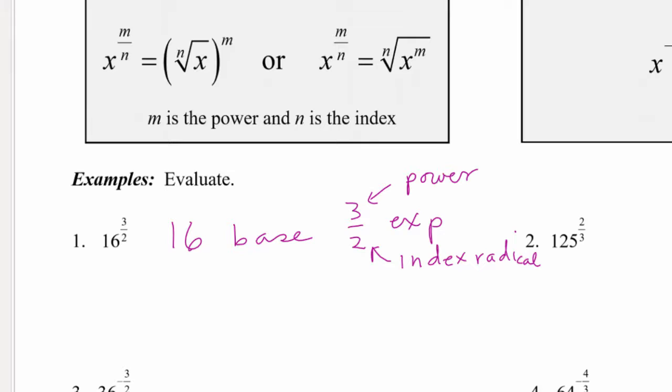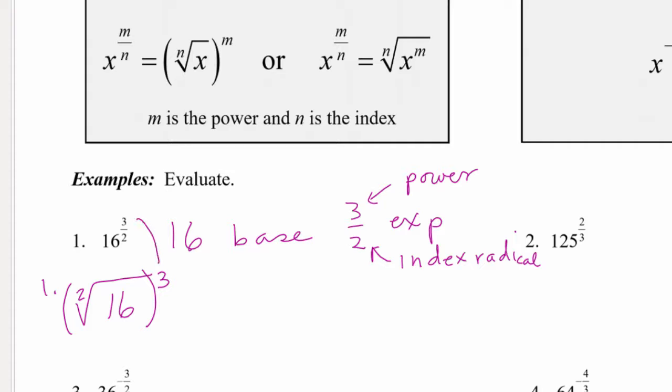So there's 2 ways to think of 16 to the 3/2. One way is to think that we're taking the square root. So again, remember that that came from the 2 in the denominator of the exponent. That's the index that would go here on this radical. When it's a 2, we don't write it in, right? So there's like a little invisible 2 there. 16 is the base, and then we are cubing that.